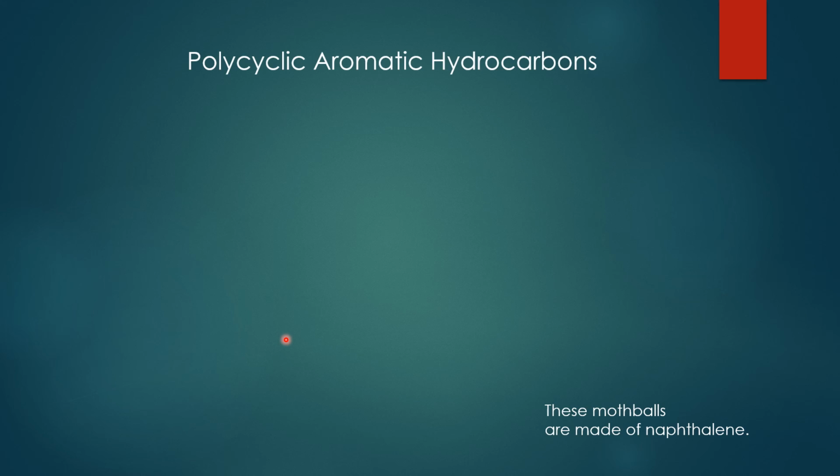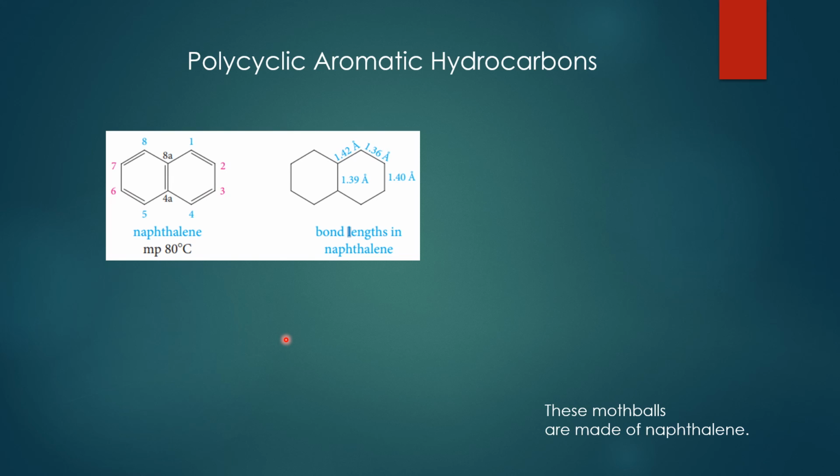Polycyclic aromatic hydrocarbons. The concept of aromaticity, the unusual stability of certain fully conjugated cyclic systems, can be extended well beyond benzene itself or simple substituted benzenes. Coke, required in high quantities for the manufacture of steel, is obtained by heating coal in the absence of air.